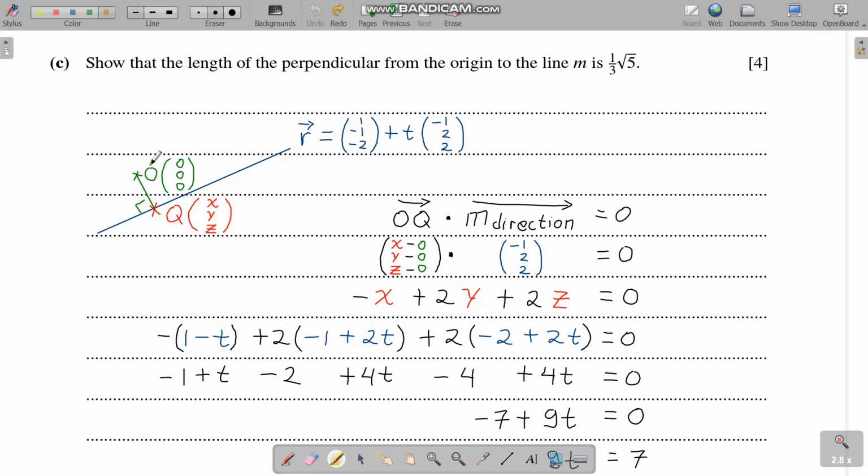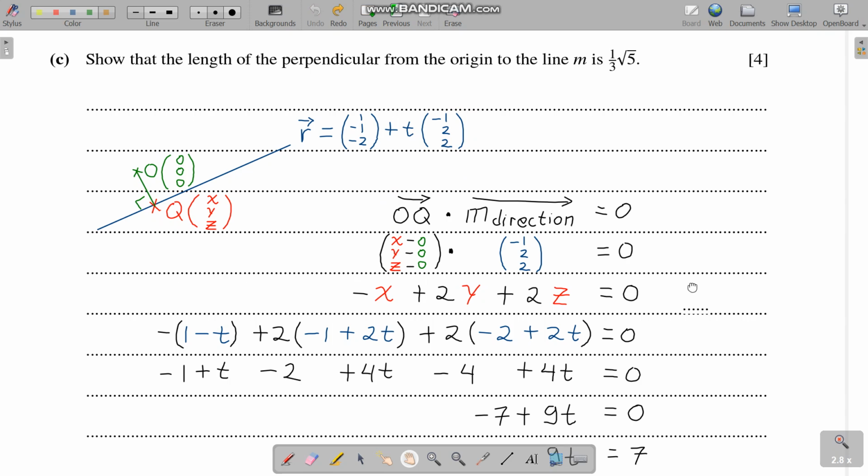So we're going to have to find the magnitude of the vector OQ and show that it is 1/3 root 5. To do that, we use the fact that since they are perpendicular, the vector OQ dot the line direction is equal to 0, because the dot product equals 0 if it's perpendicular.